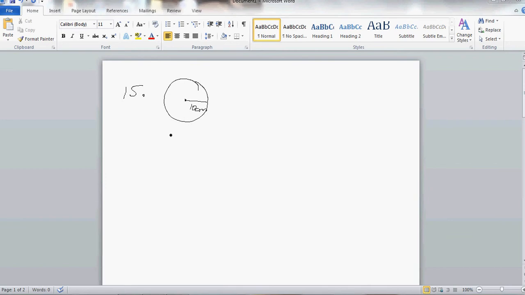If in 20 seconds, now here there's no way to actually show this, but I am going to write it down, we go through a central angle of 1/3 of a radian. So the central angle here is 1/3 of a radian is swept out. What is the linear speed?